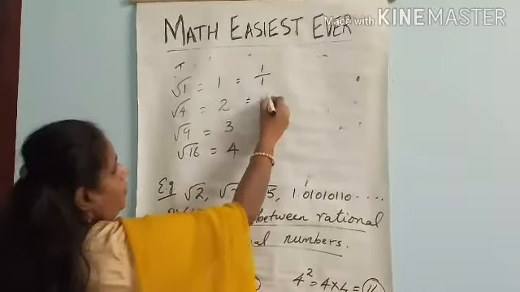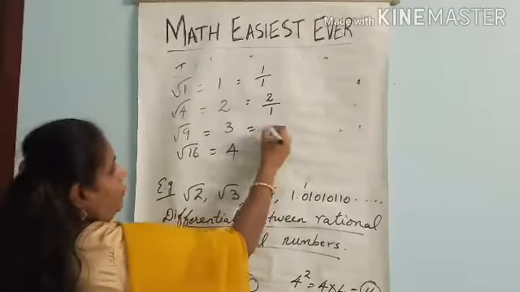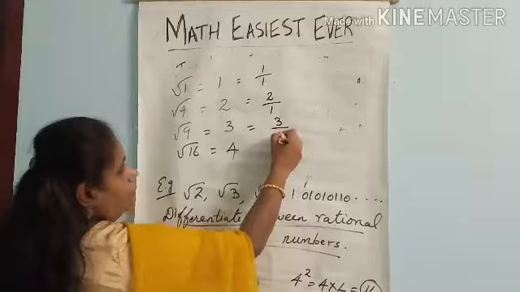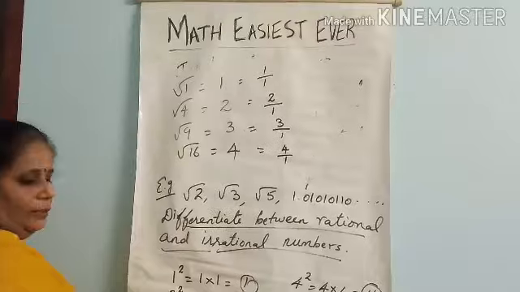Now 2 can be written in the form of P by Q. Root 9 can be written in the form of P by Q. And root 16 can be written in the form of P by Q. Like that it goes on.